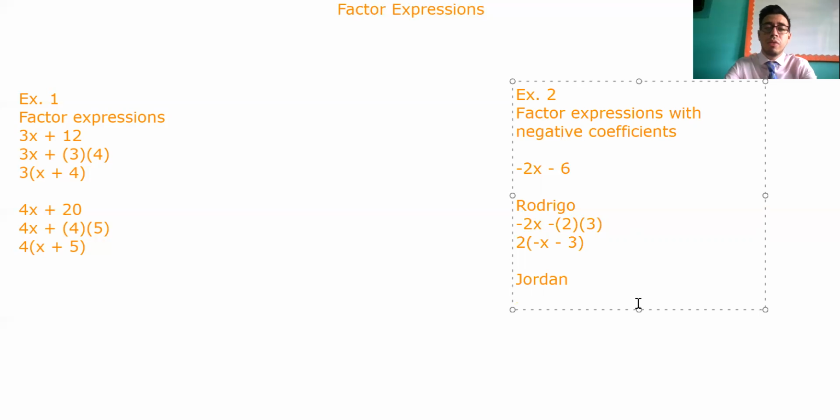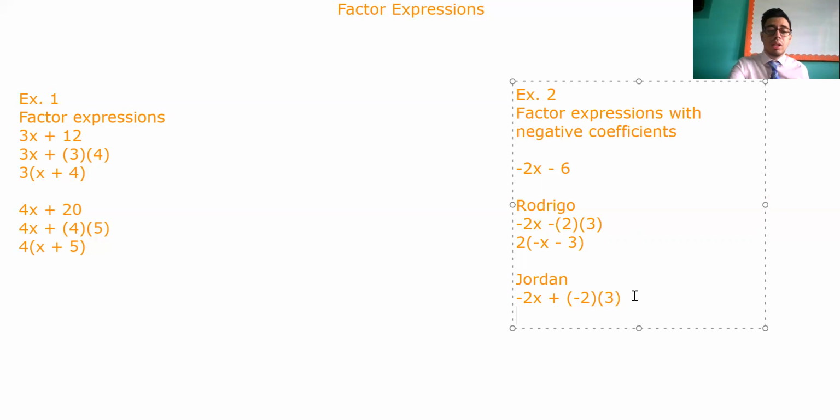And now I'm going to work with Jordan. What is the Jordan form? Jordan uses a negative sign. So if you have the expression negative 2x minus 2 times 3, if Jordan uses the negative, I have this. Negative 2x is the factor that I'm going to take. Negative 2x.